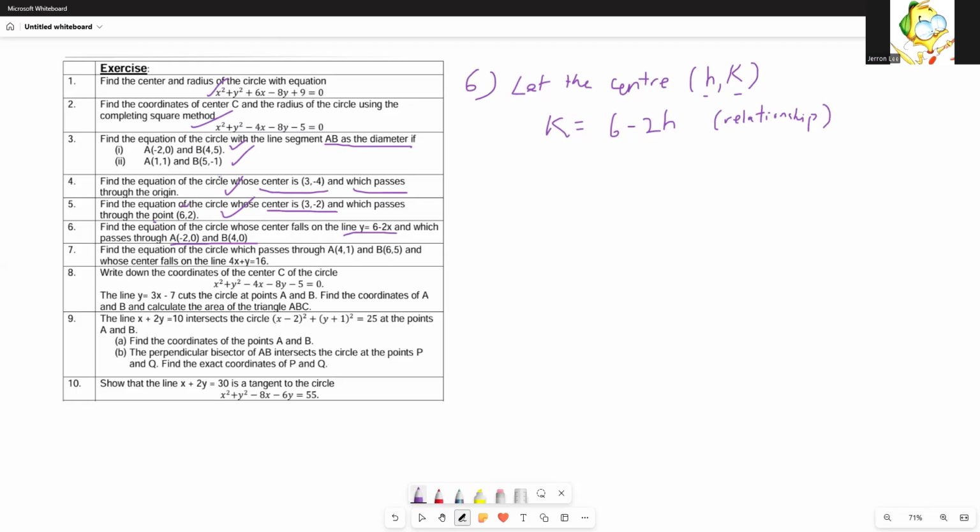So I am going to have H plus 2 squared, and with coordinate -2, plus K minus 0. So this is the distance from the center to our point A. Now remember that is actually the radius, right?